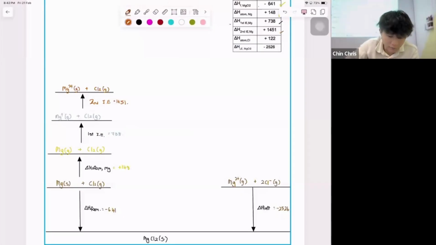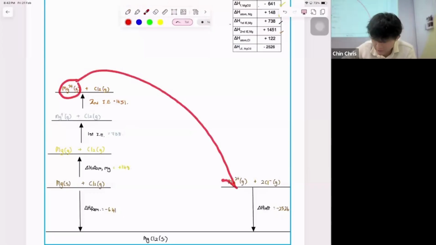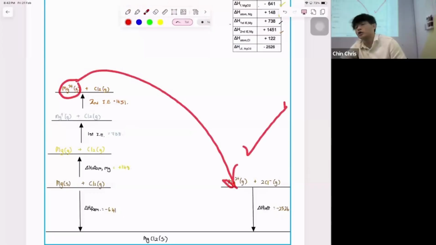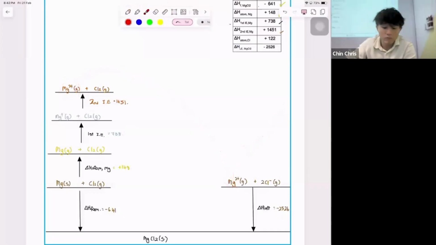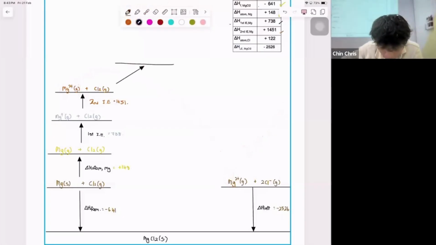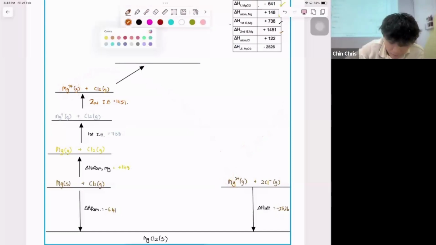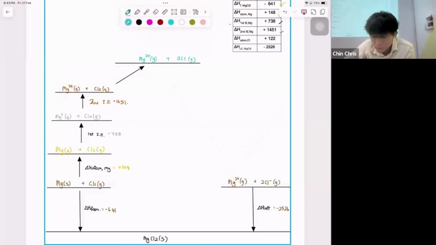Okay, guys, now my Mg2 plus is done converting. How do you convert Cl2 into 2Cl minus? Guys, I have to atomize it first, right? I have to turn it into Cl atoms first, correct? So how many Cl atoms are we getting? 2, right?